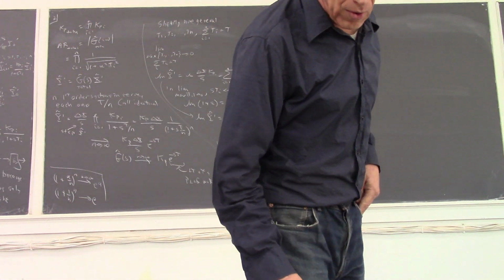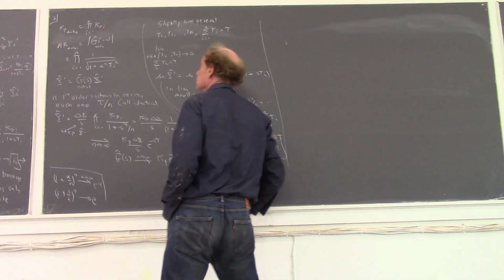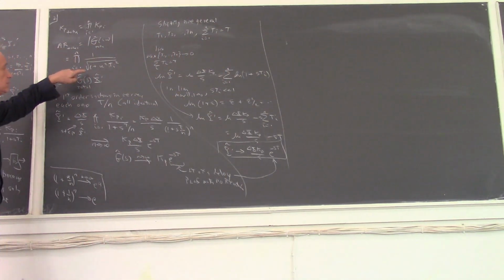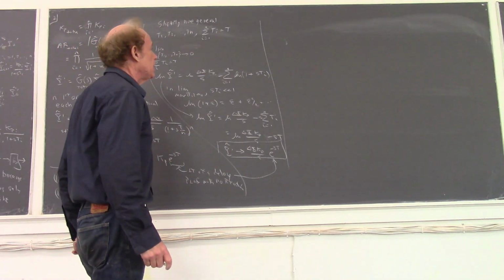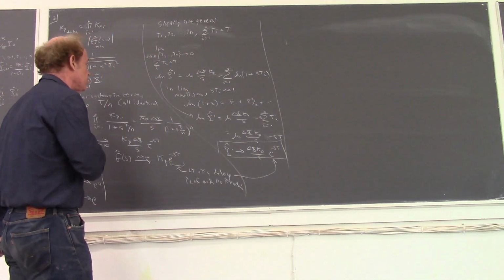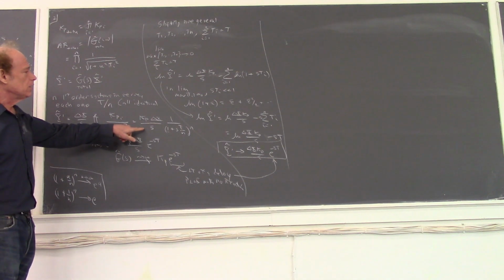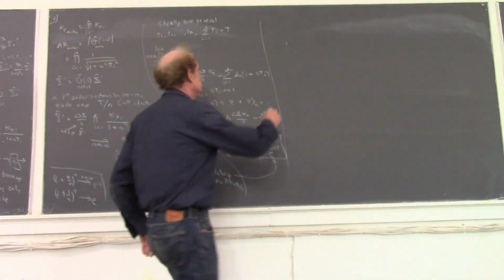Okay, another quantity that is useful is the amplitude ratio. And actually, why don't we plot some things before I do that? So let's look at the case where n is equal to 1.